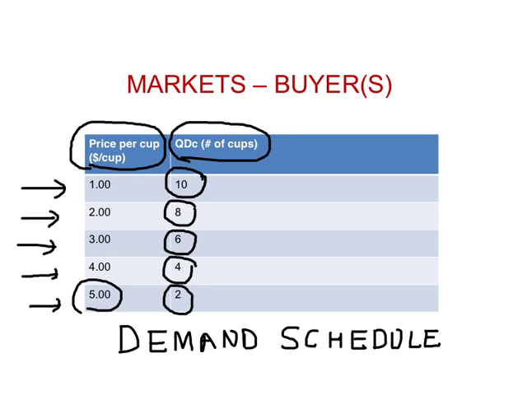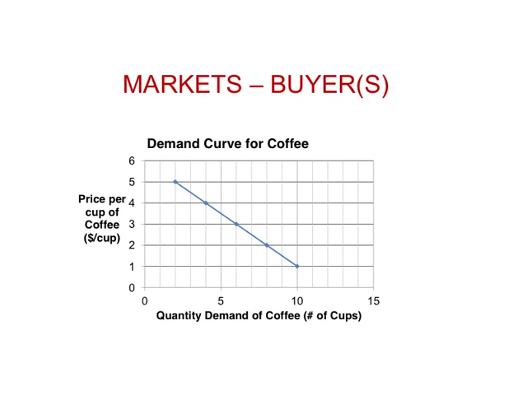Now let us plot all this information, where we have price per cup of coffee on the vertical axis, measured in dollars per cup, and on the horizontal axis we have quantity demanded of coffee, as in number of cups. So let us plot these points.